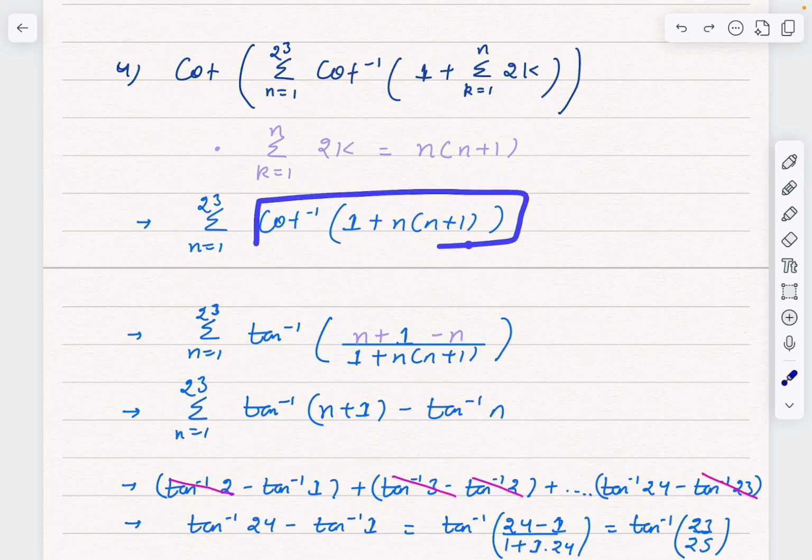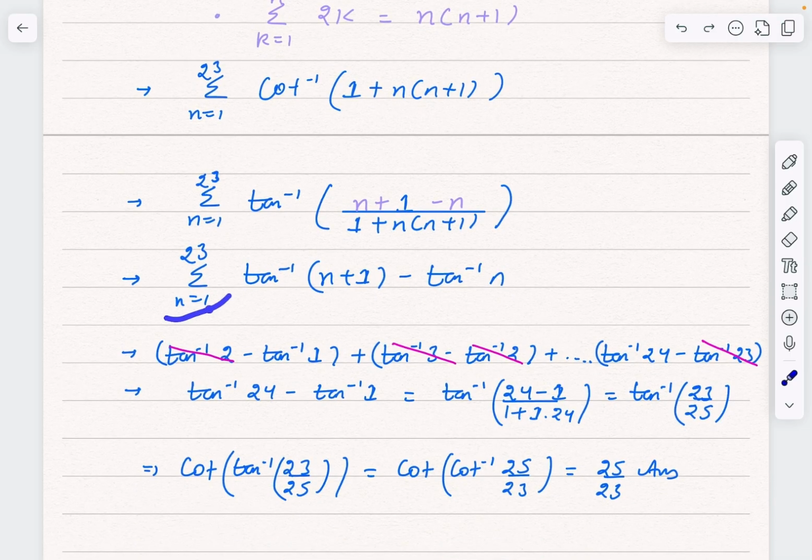Now cot inverse of this thing we can write as tan inverse of 1 by this thing. So we get tan inverse of 1 by 1 plus n into n plus 1. Now this 1 we can also write as n plus 1 minus n, because now it will become x minus y by 1 plus xy form. So you get tan inverse n plus 1 minus tan inverse of n.